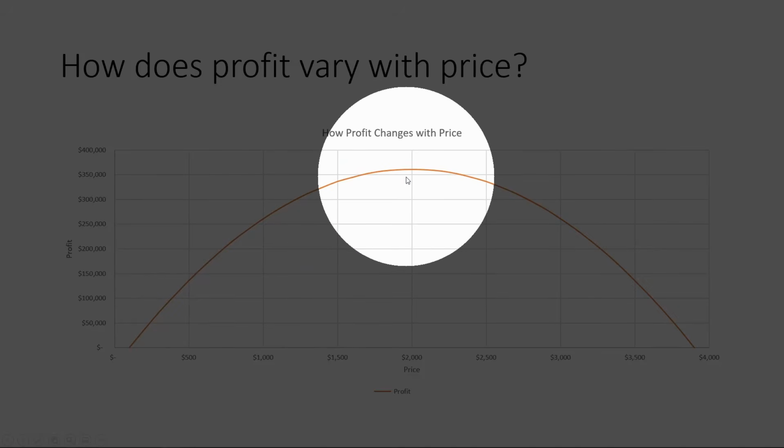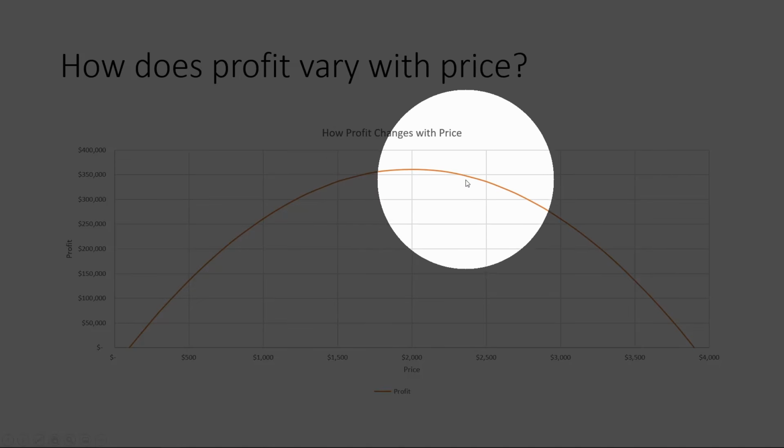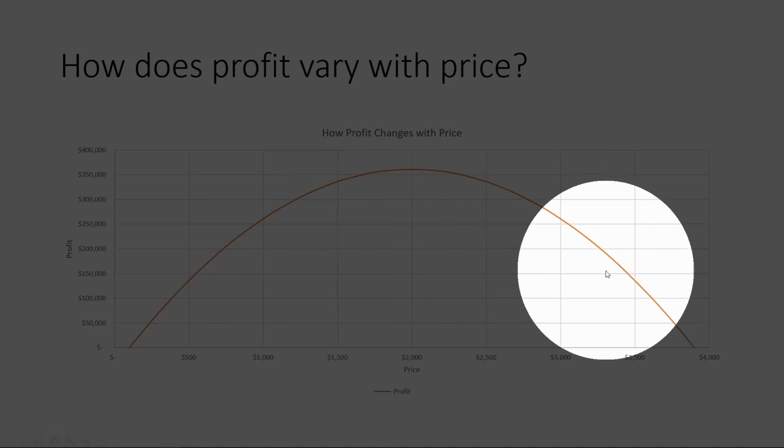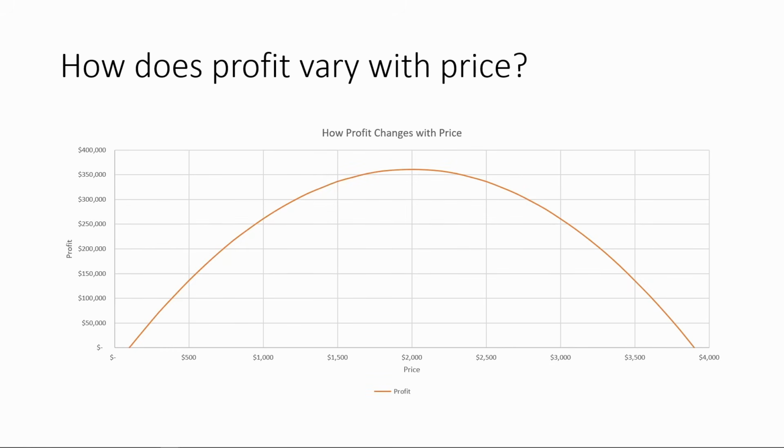But at a certain point, which is the optimal price with the maximum profit, once price goes higher, profit actually goes down. So it's not that the lower the price, the better, nor is it that the higher the price, the better. The optimal price is somewhere in between.